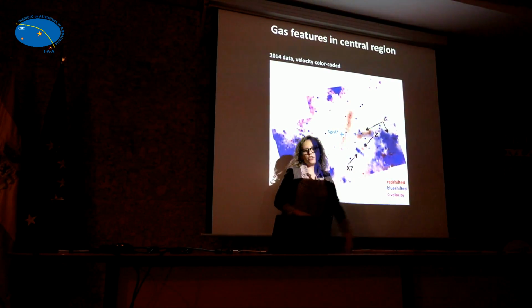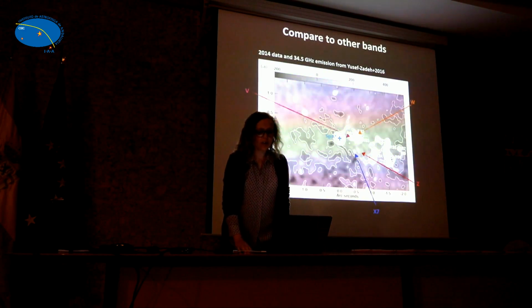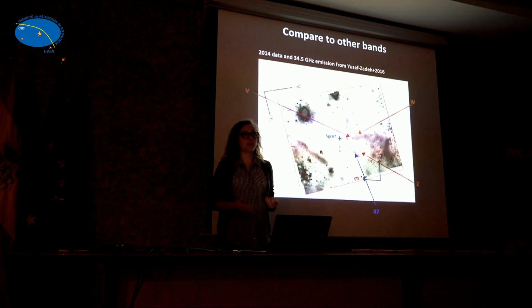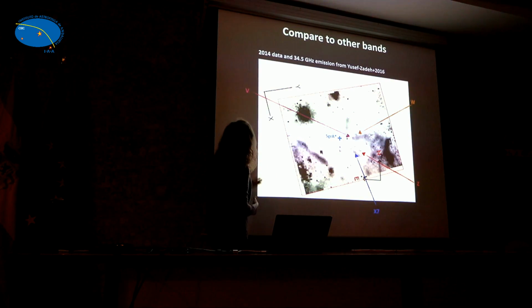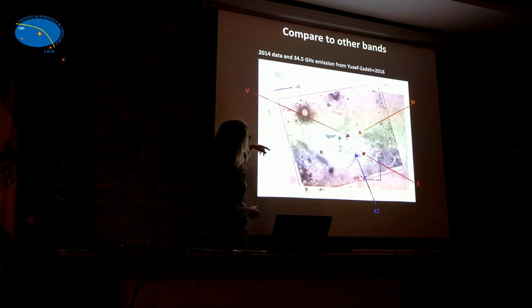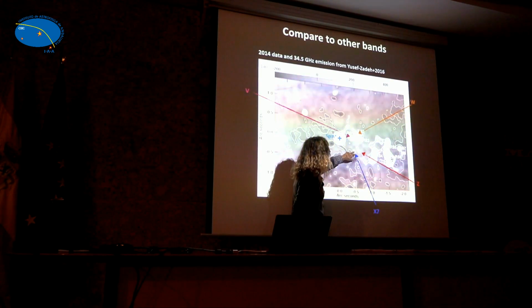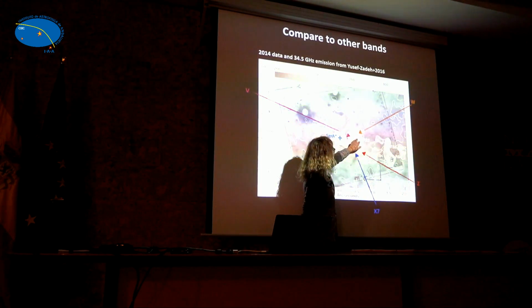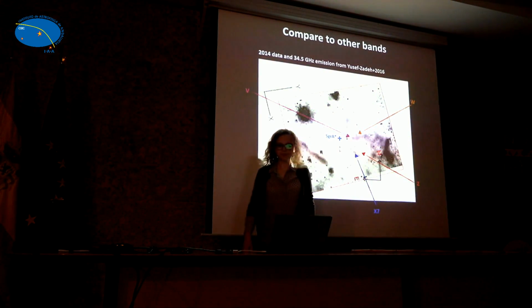Okay, so all these blobs have sometimes been observed before, so we can also compare with other bands. For example, in the radio, with this paper from 2016, we can recognize part of X7 here, Z, V, and probably W, even though it's a bit messy here.